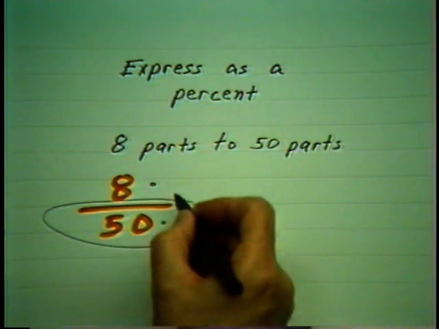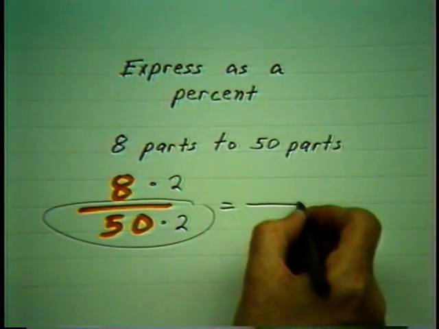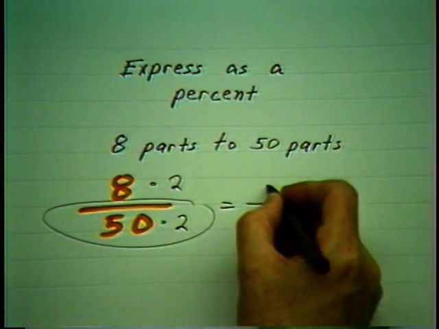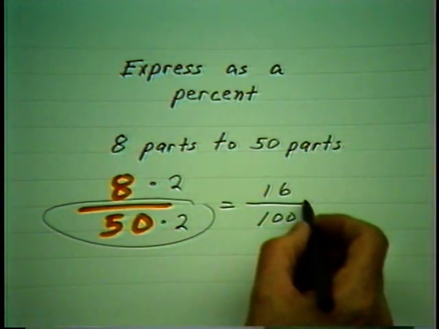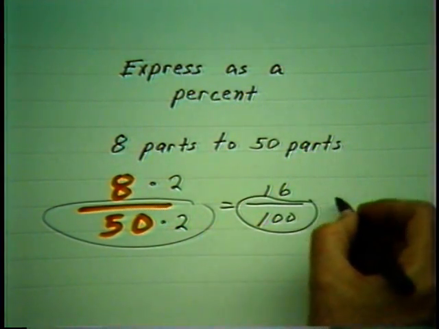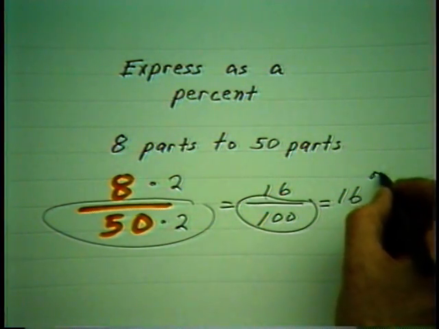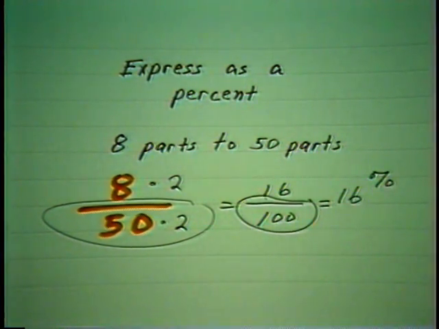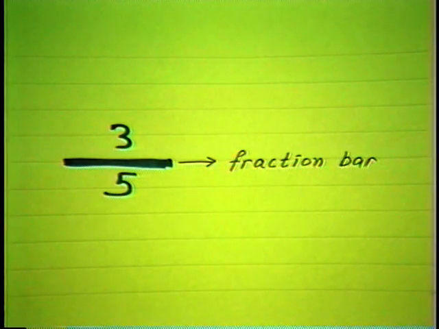So if we were to, in this case, multiply top and bottom by 2, the denominator becomes 100th. And as soon as we have per 100, we can replace that per 100 with percent, because the two mean the same thing. By now you're beginning to realize that that fraction bar means a great many things.